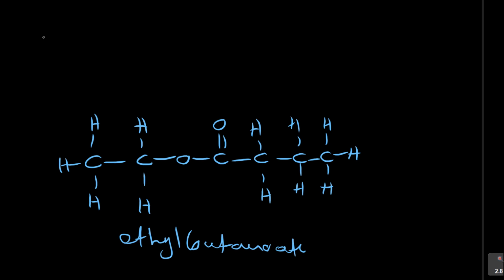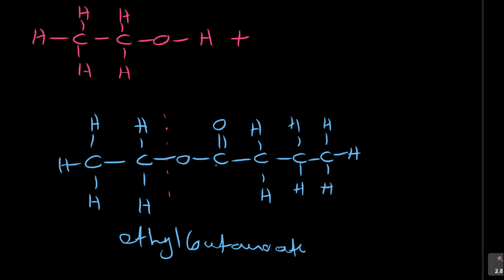So I can start with the alcohol: H, C, H, H, the single bond, it mustn't look like a double bond there. And then we've got C, H, H and then OH. Now remember where it's cut here, that's where the OH comes off, and then plus the carboxylic acid. You see I've got the H, the O, the C, double bond O, and then 2, 3, 4.